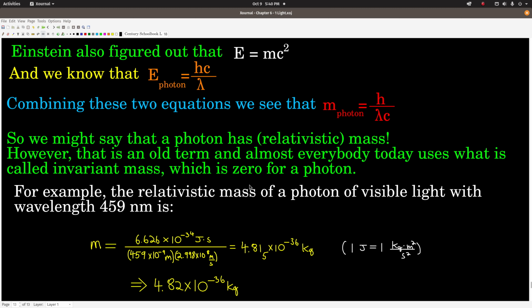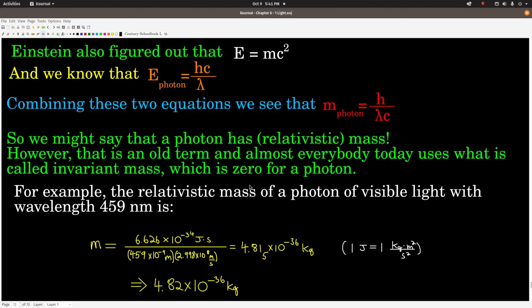But it's not that straightforward. This is what they call relativistic mass. It's an old term, and people don't really use it that much today. We use what's called the invariant mass, or the rest mass, and that's 0 for a photon. So a photon has no mass, has momentum, and it gets really funky, but we don't need to worry about that. So we could calculate the relativistic mass of a photon of light.